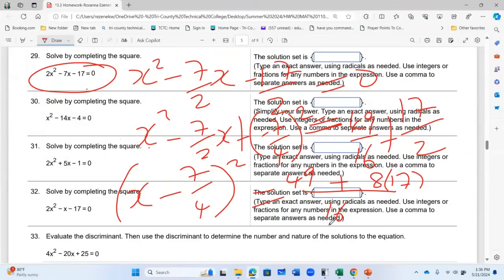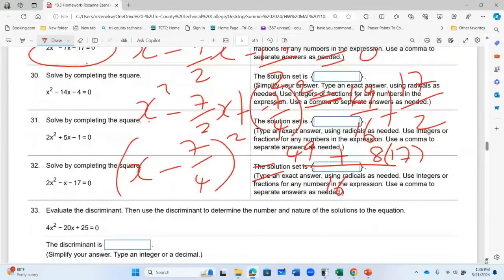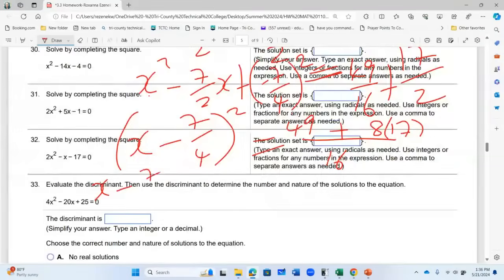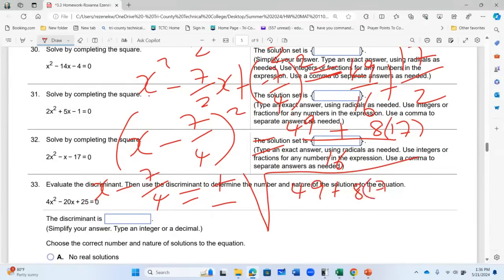Okay, if I can do that quickly and simplify later, I will have x minus 7/4 square root, and square goes out, is equal to plus or minus square root of the quantity on the right-hand side, 49 plus 8 times 17 all over 16. Then add 7/4 on both sides.